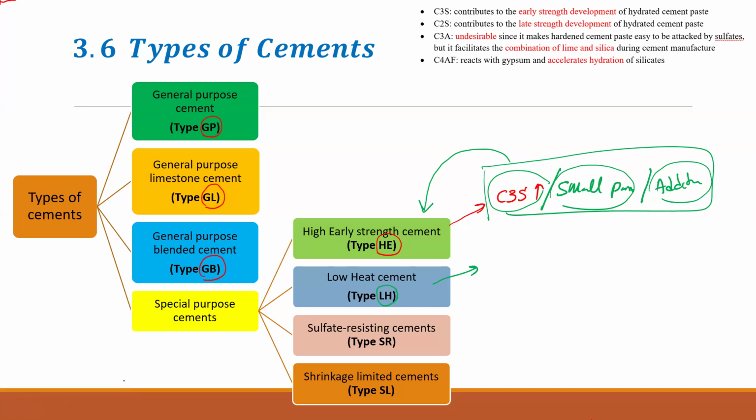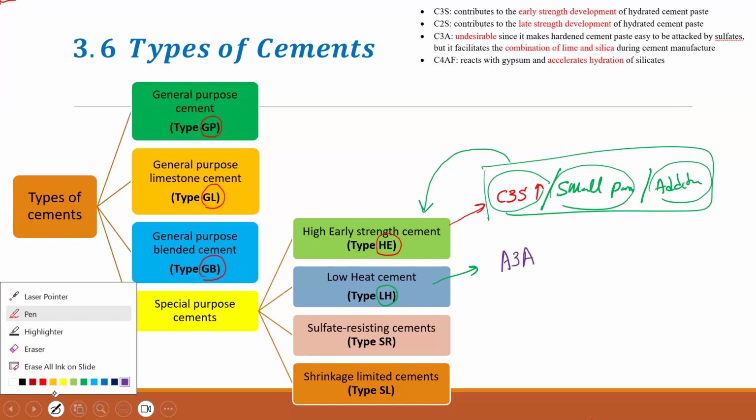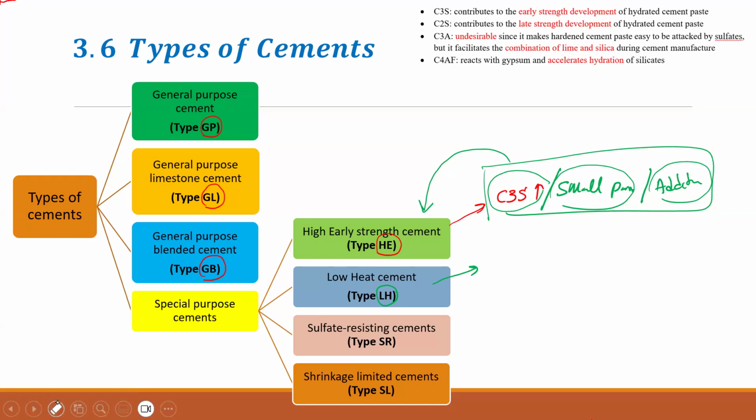This cement can be produced by having less C3A, and also a moderate particle size, not very tiny particles, so we can control the particle size, and also we can have additives for heat control. And also we can have sulfate resisting cement, SR.